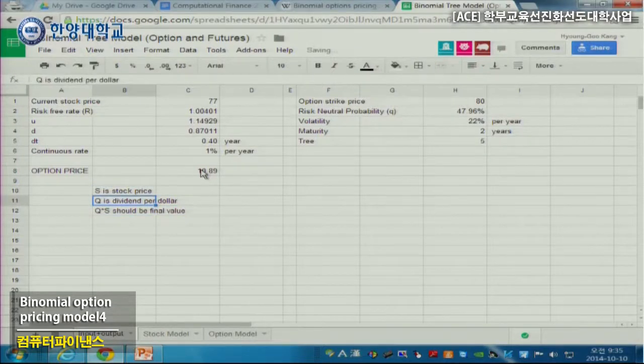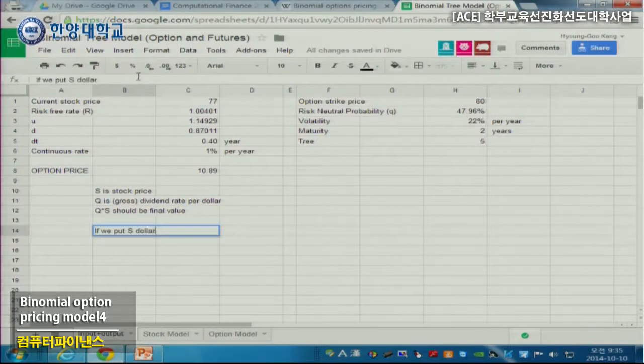Because it is gross, the total should be the gross dividend rate per dollar.